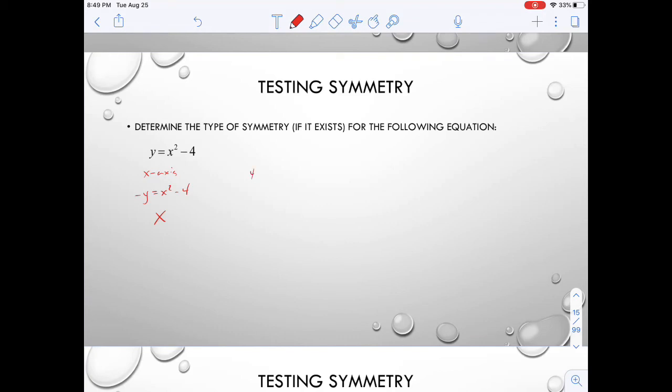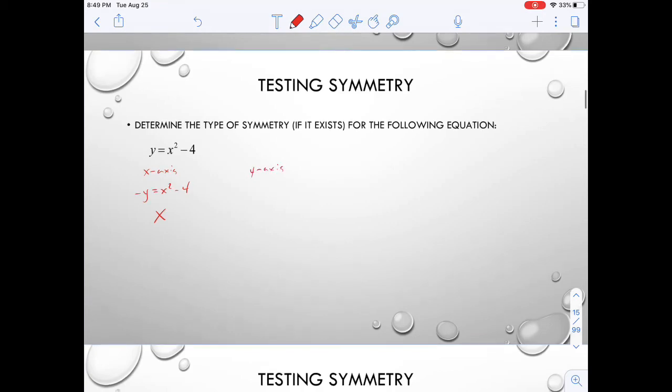If I test for y-axis symmetry, I'm going to replace x with the opposite. So we're going to have y equals the opposite of x all squared minus 4. Here we're going to end up with y equals x squared minus 4. This does check out.